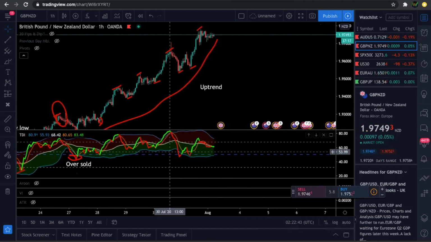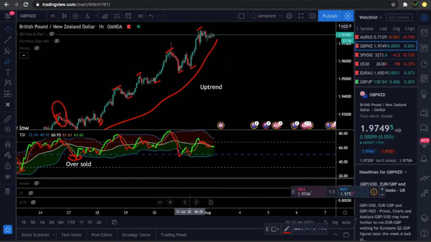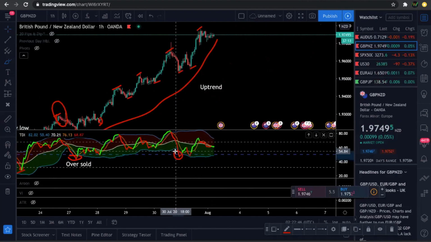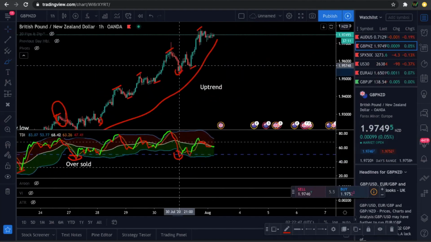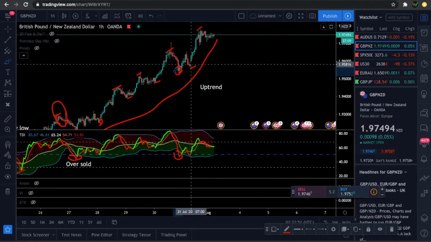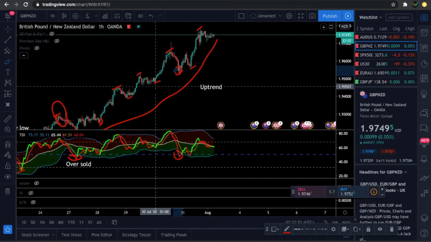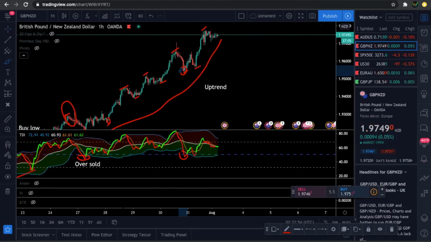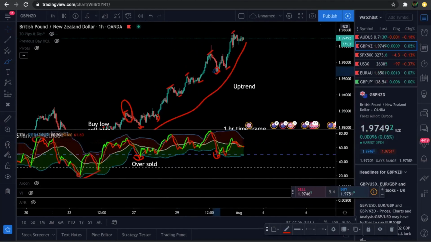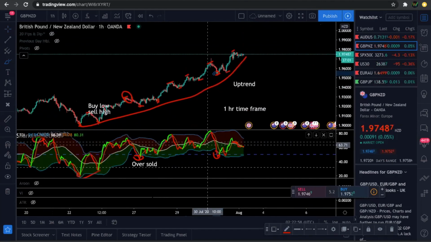We have another one over here. Little shark fin, another great entry. All right. So if you can find these little shark fins, these are easy entries. Okay.